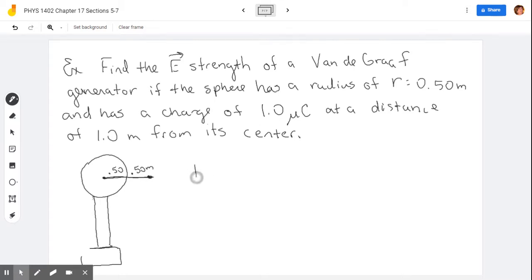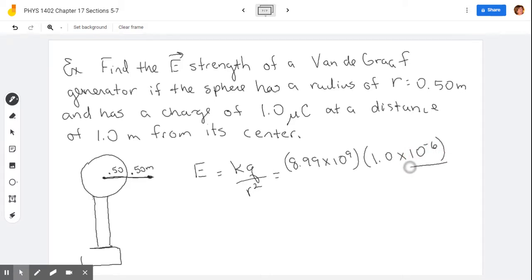So in that case, I don't need the arrow because I'm just doing the magnitude, not the direction. The electric field strength is again KQ over R squared. So we have 8.99 times 10 to the 9th, there's K. Our charge is 1 microcoulomb, micro is negative 6. And of course, 1 meter squared. We don't even really need a calculator for this.